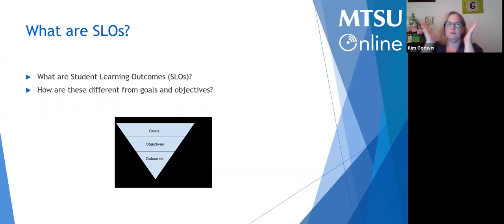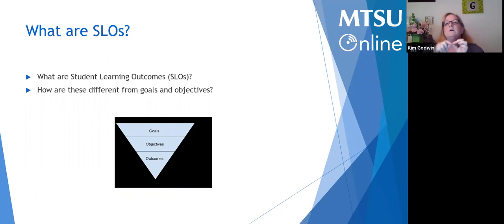Those are your goals. Your objectives are the course learning objectives that are in your syllabus, the very specific ones that at the end of that class, the student should be able to do, and then you list a few things that are the objectives of the course. They're the ones specific to that class. Outcomes are the ones at the very bottom of our inverted pyramid.